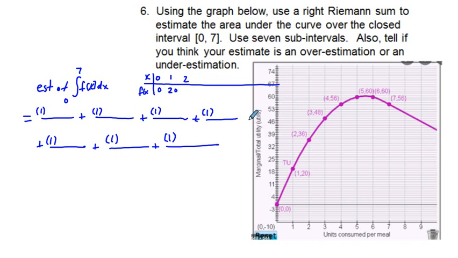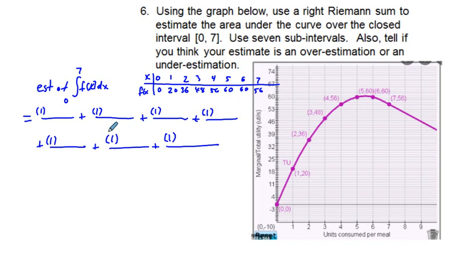Next one is 2, 36. Then 3, 48. Then 4, 56. Then 5, 60. Then 6, 60. And finally 7, 56.